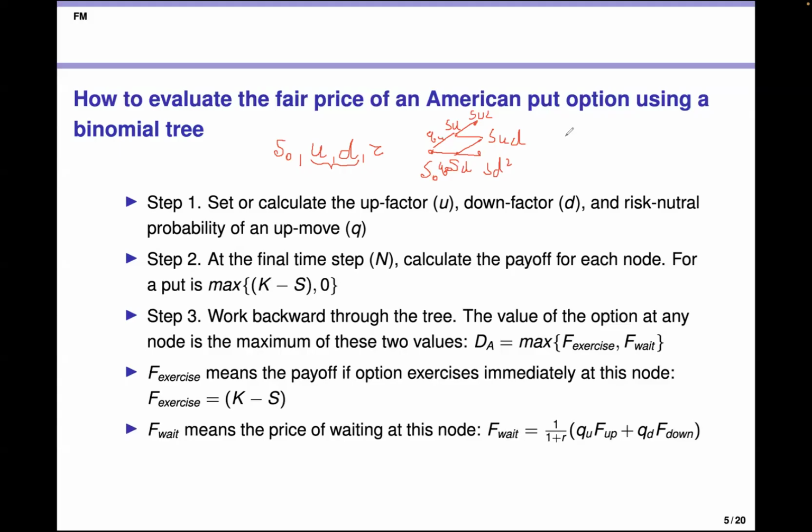It is up to you. It is like 1 plus R minus D, divided by U minus D. And it's the formula for Q up. And QD is 1 minus that.